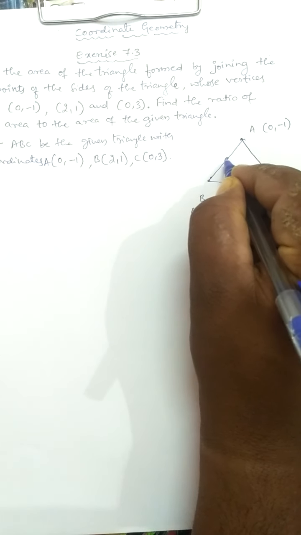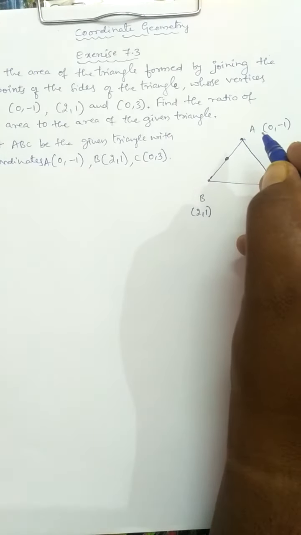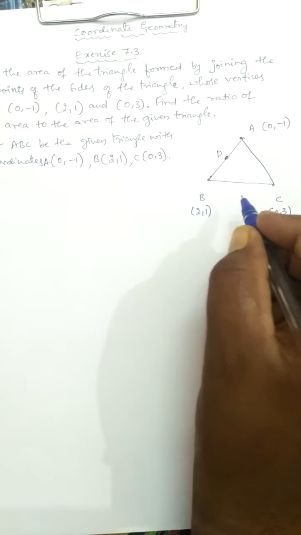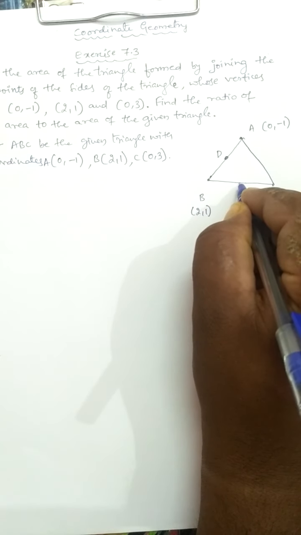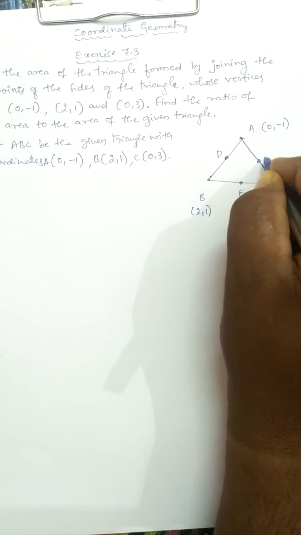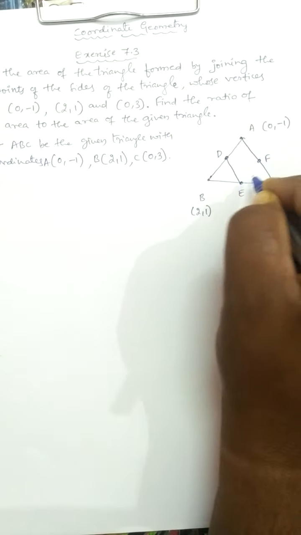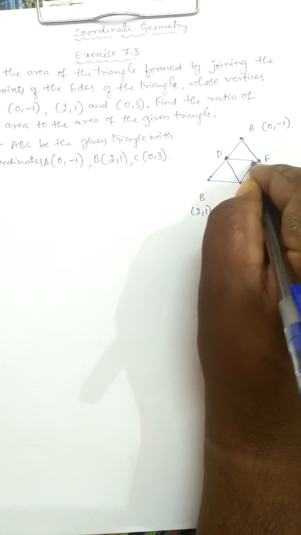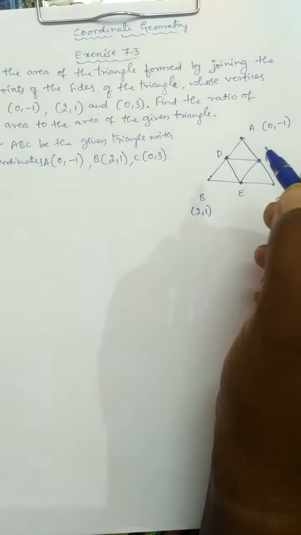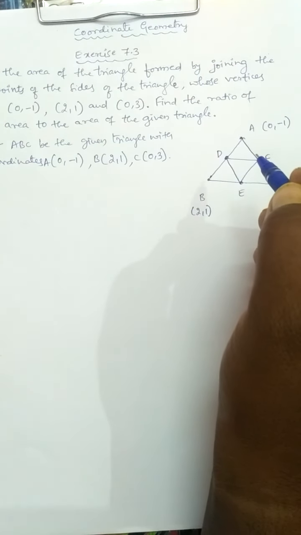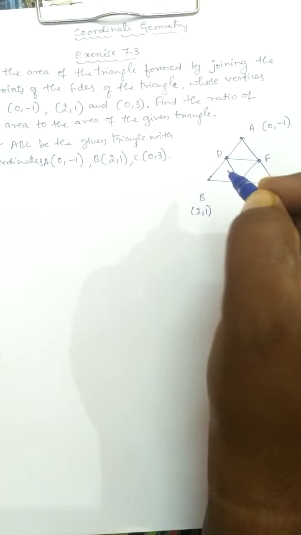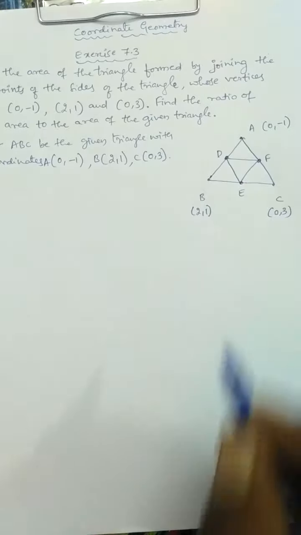The midpoint of AB I am going to consider as point D, the midpoint of BC is point E, and the midpoint of AC is point F. So now what is required is to find the area of triangle DEF, and after finding it, we have to find the ratio of the area of triangle DEF with the area of triangle ABC.